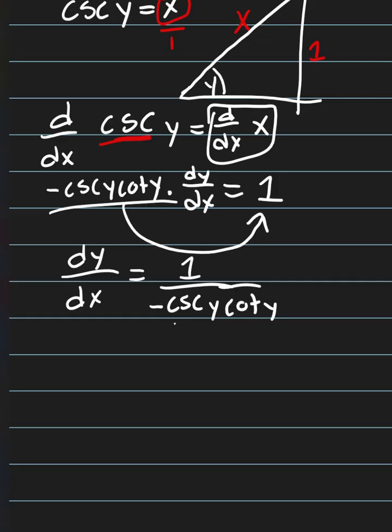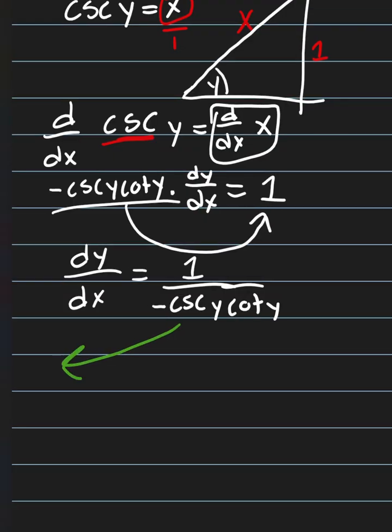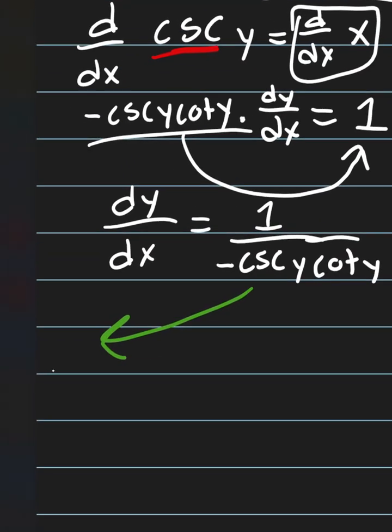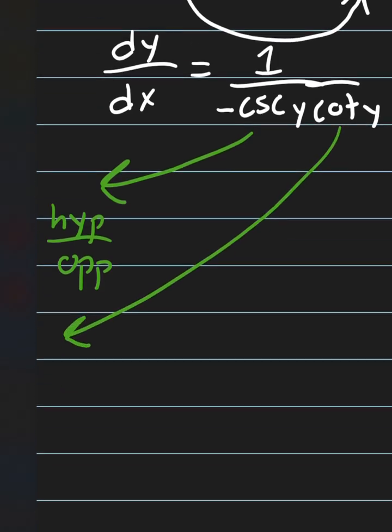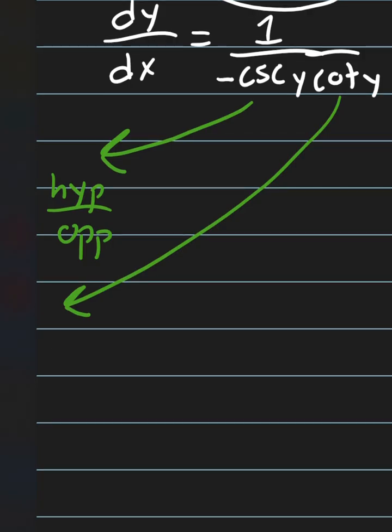Let's write this very simply. Cosecant, as we said before, is hypotenuse over opposite. And cotangent is the opposite of tan, which is opposite over adjacent, so cotangent is adjacent over opposite. Very nice.